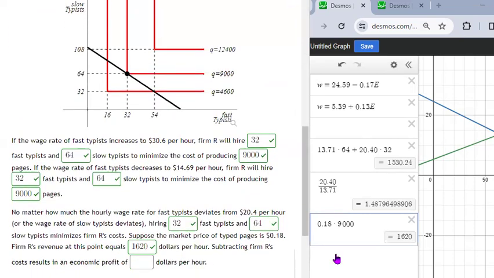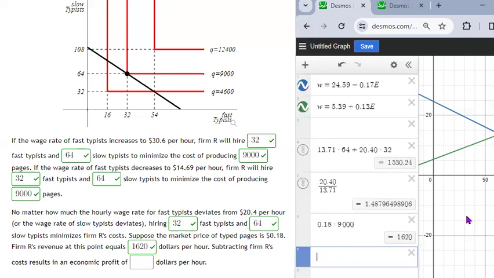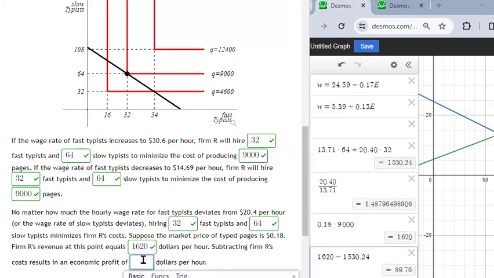And the cost, we're going to subtract firm R's cost from the 1620, and it results in an economic profit of equal to what? So we got the 1620 minus the cost, back to original wage levels, $1,530.24. So we have an economic profit of $89.76, right?